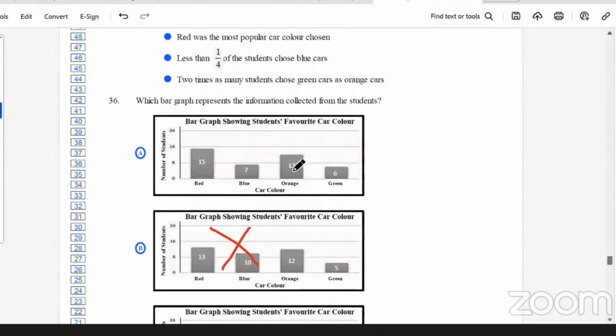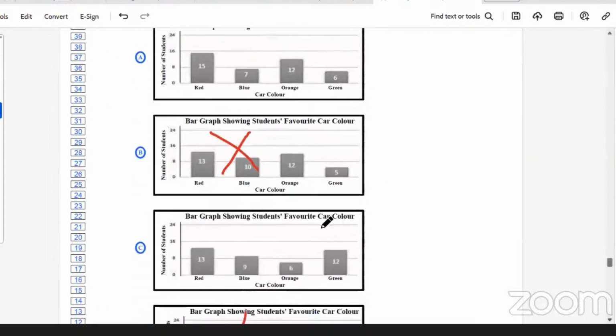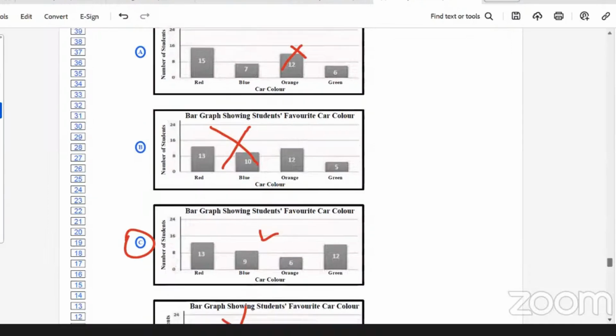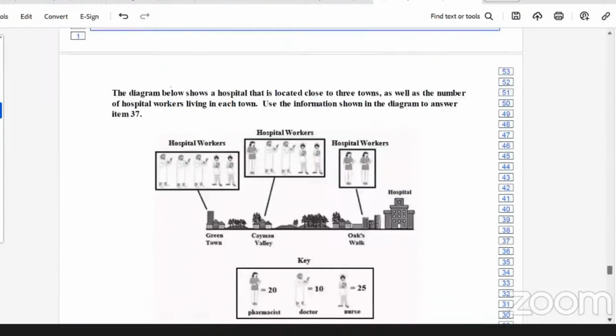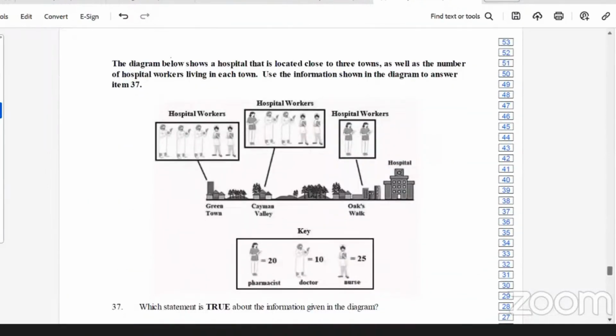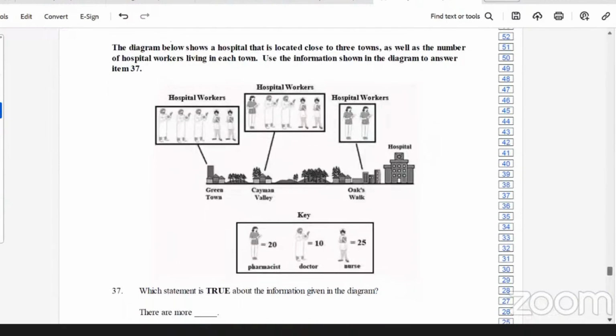In this one, it's showing orange being twice as much. That's not what we want. So green being twice as much, right? So this one is incorrect. The correct answer for 36 is C. Okay. Sometimes we have to do all of this to get our answer. All right, let's get to question 37.